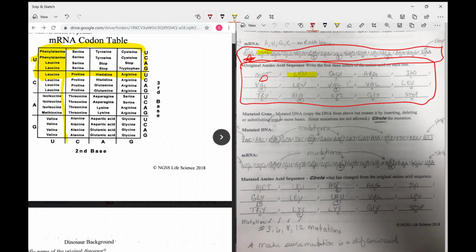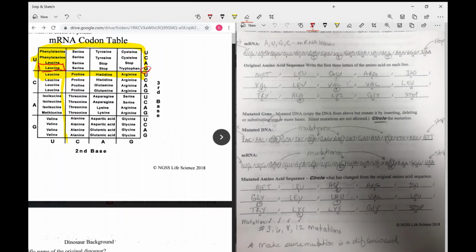And then if I'm looking at G, I'm looking right here, LEU. Let's do one more, and then we'll talk about the bottom of the page.